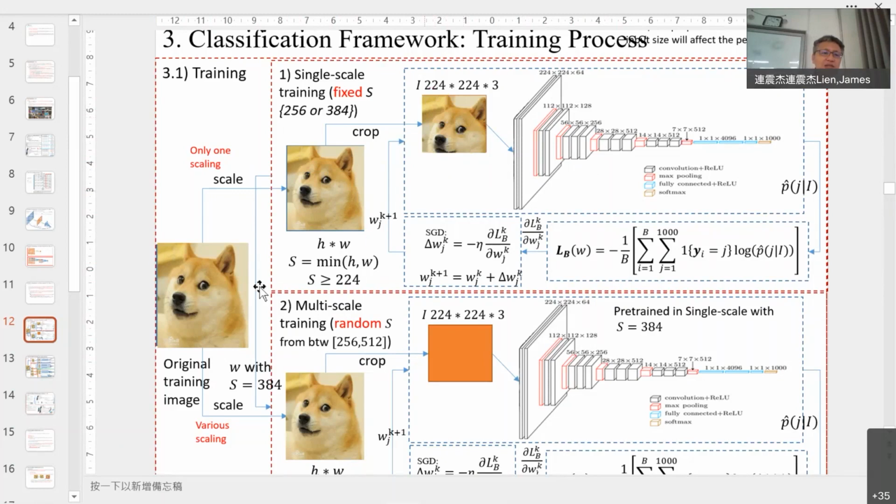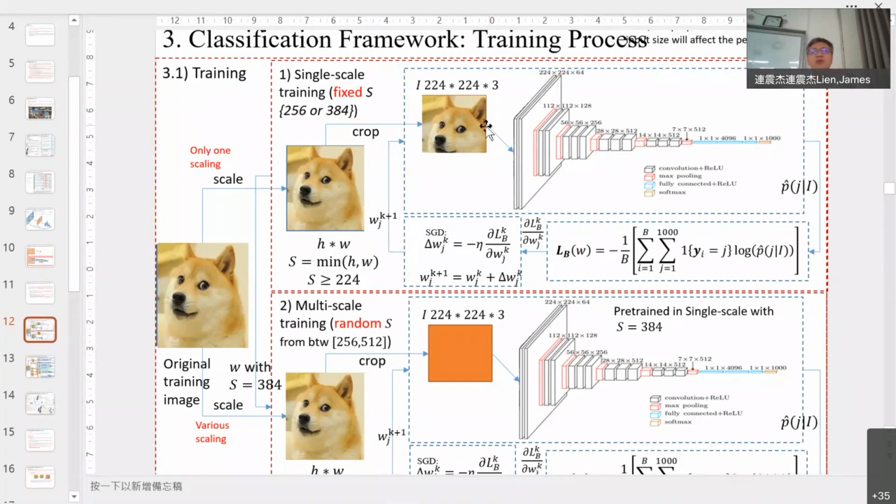You take the original image, do different scaling, then crop, and then input it. Suppose there's only one image. If you do two different scales, it becomes three images.